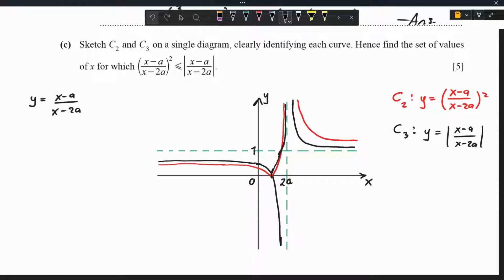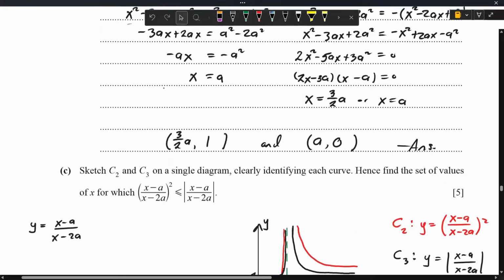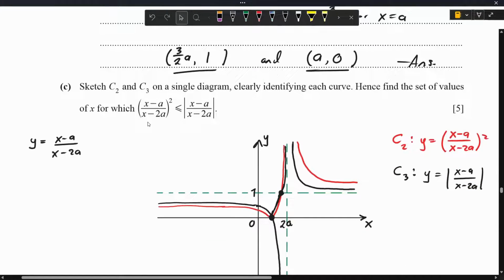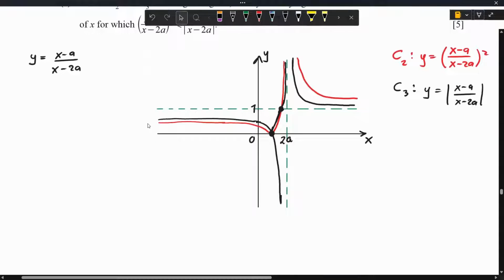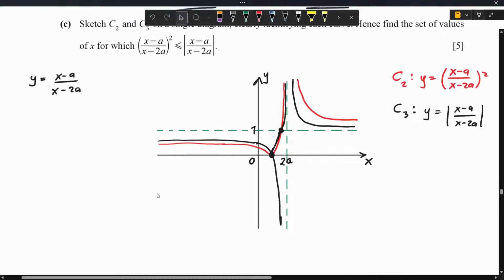And I'm trying to make sure that these two graphs intersect at this particular point as well as at this particular point, because already we had figured out that there are 2 points of intersection. All right. So those are the 2 points of intersection, basically. So this is how the graphs will be like.